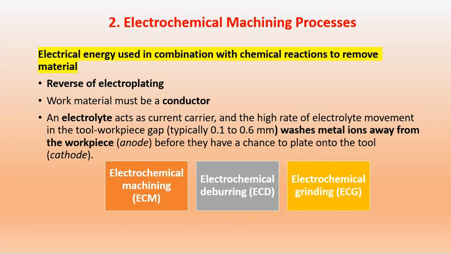And they need an electrolyte, which acts as a current carrier, in which they need to wash metal ions away from the workpiece. So they have the anode and cathode. So under the electrochemical machining process, we have the ECM, electrochemical machining, the ECD, electrochemical deburring, and the ECG, electrochemical grinding.